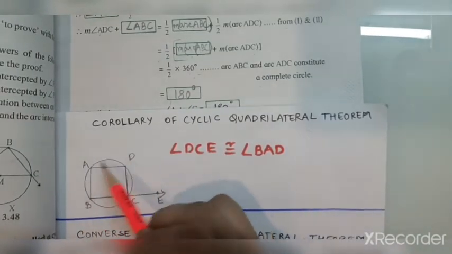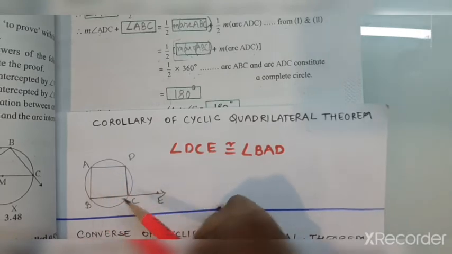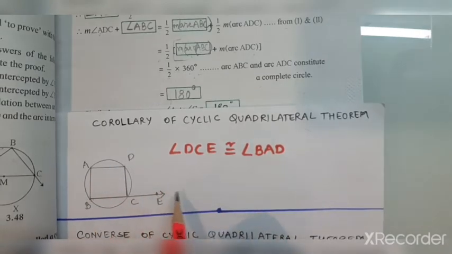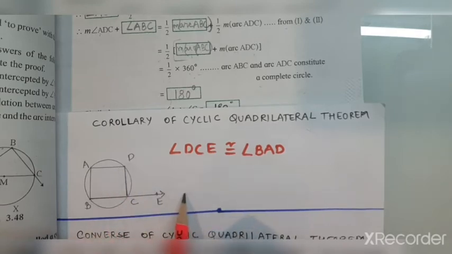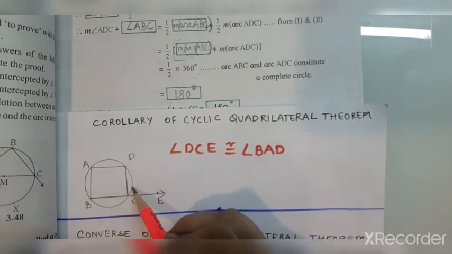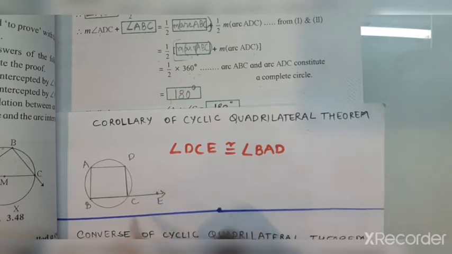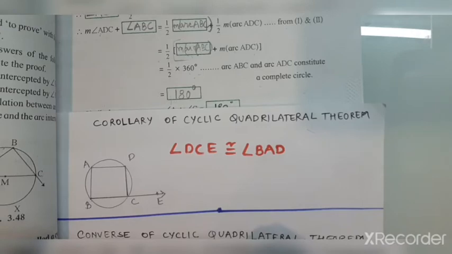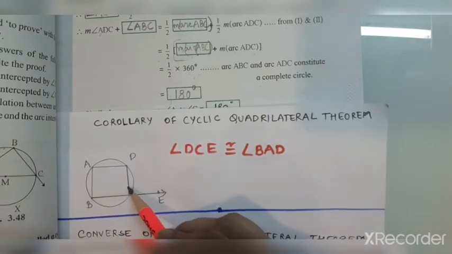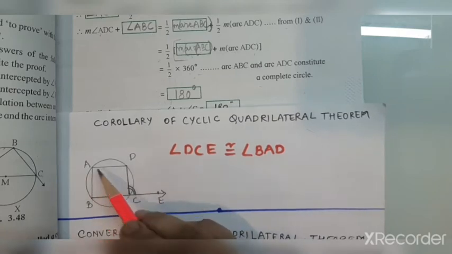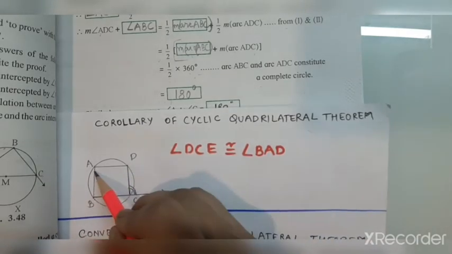There is a cyclic quadrilateral ABCD, and this BC is extended up to E. Because we have extended BC up to E, we have got this angle which is outside, which we call the exterior angle DCE. According to the theorem, this angle DCE is congruent to angle BAD.